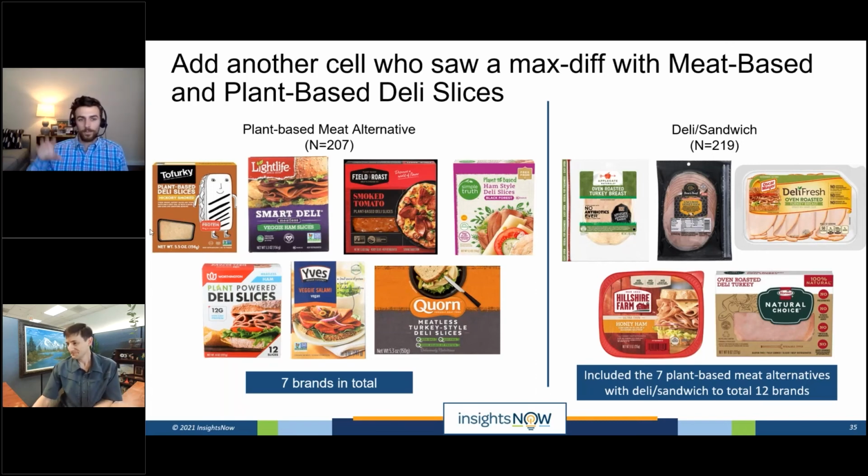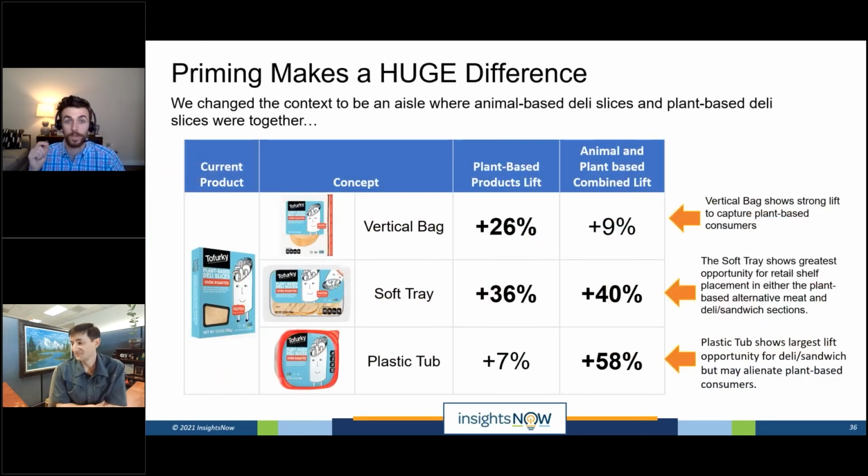To help set that context, with all the concepts that Tofurky is presenting and how it's rotating in that max diff exercise, we wanted to see how the context of setting in the plant-based framework or the meat-based framework was really impacting the opportunity for Tofurky at the retail space. The next slide is really showing how important priming is to make that difference for the consumer, and changing that context to be the meat-based or the plant-based was super important.